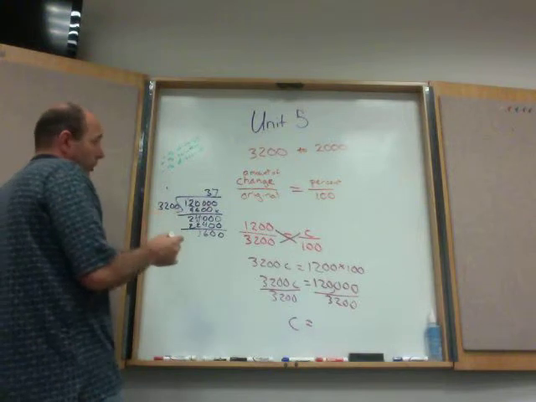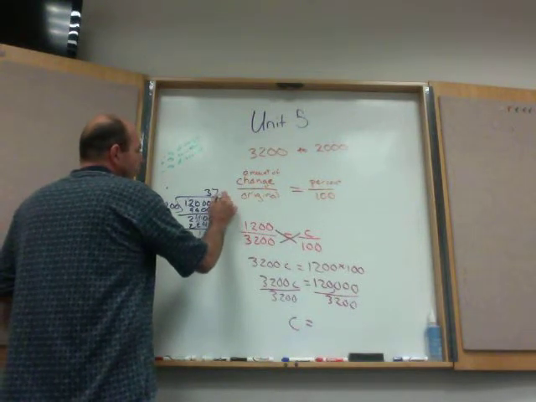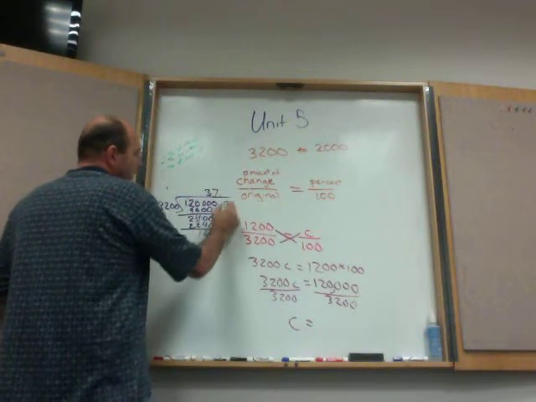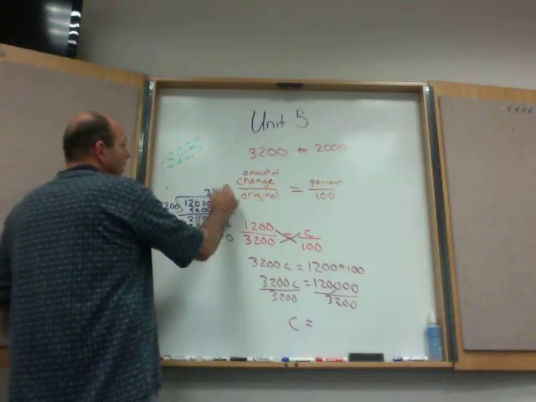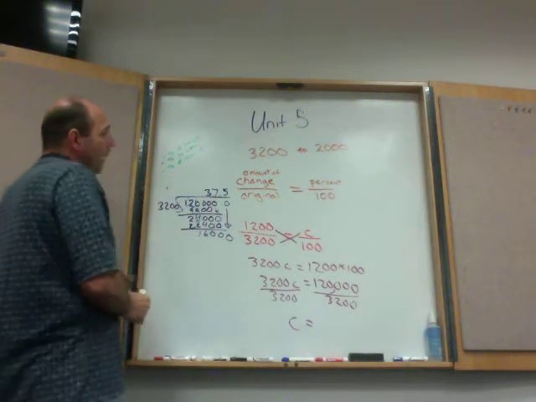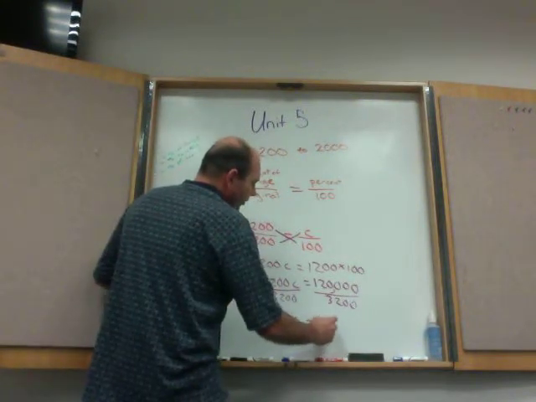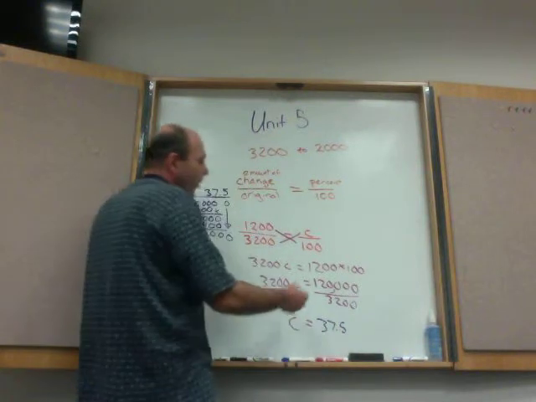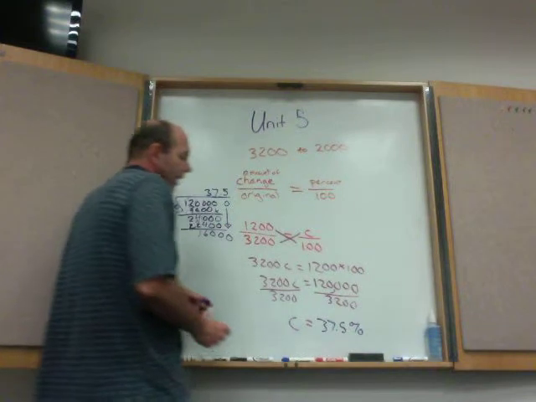Wow, this actually might work out pretty good. So I'm going to have to add a decimal point and another 0, bring down this 0, and this happens to just work out really nice and be 5. So my percent of change was 37 and 5/10, or 37.5%.